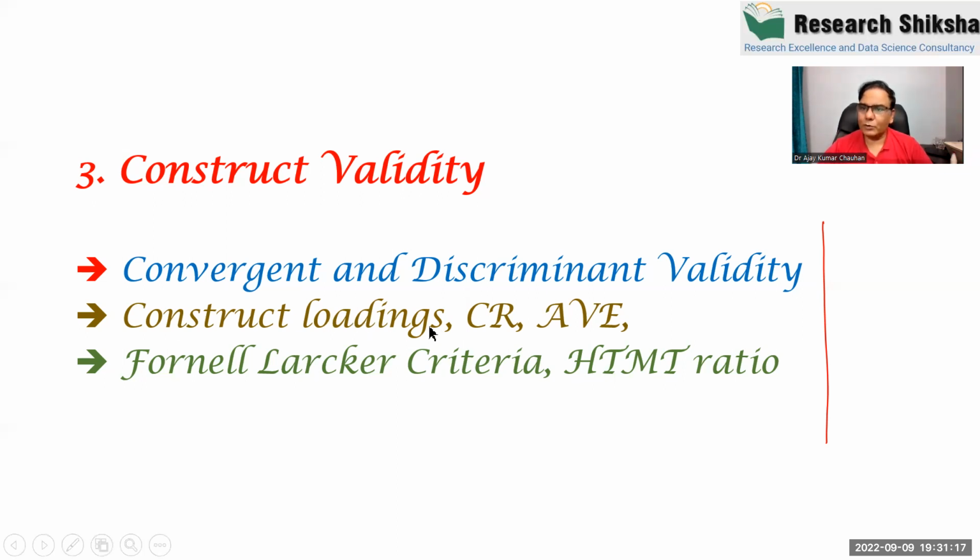Construct loading should be greater than 0.7. The composite reliability must be greater than 0.7. Average variance extracted must be greater than 0.5. So these are the three conditions we have to check. After that, we are having the discriminant validity.